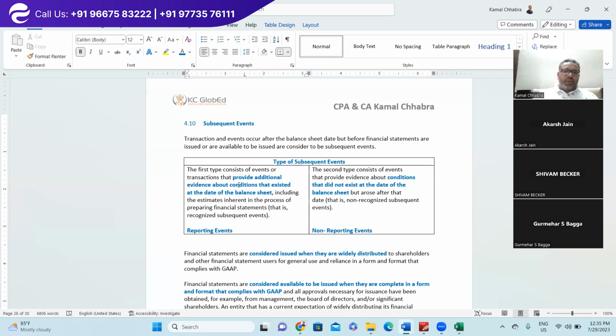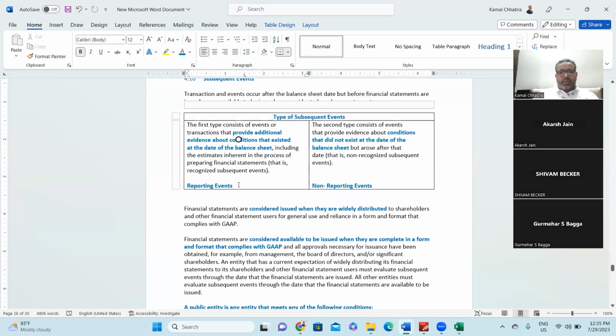Types of subsequent events: the first type consists of events or transactions that provide additional evidence about the conditions that existed at the date of the balance sheet, including estimates inherent in the process of preparing the financial statements. That is a recognized subsequent event.